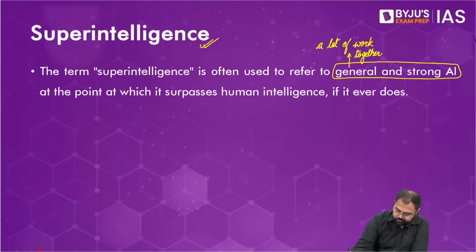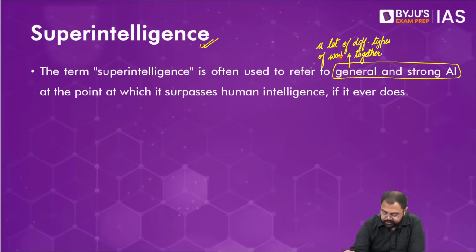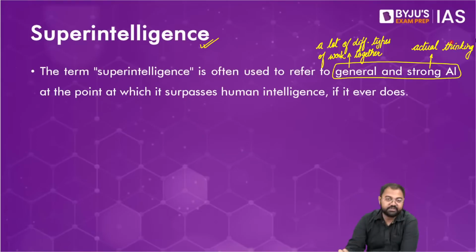A lot of different types of work together. Whereas strong artificial intelligence is when it comes to its own actual thinking, when it develops its own actual thinking, then it is called strong artificial intelligence, right?